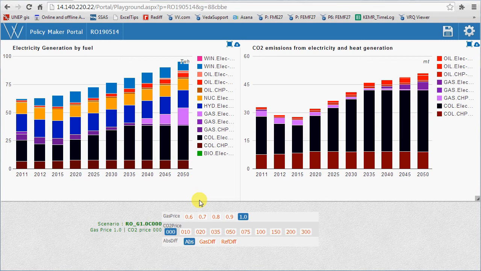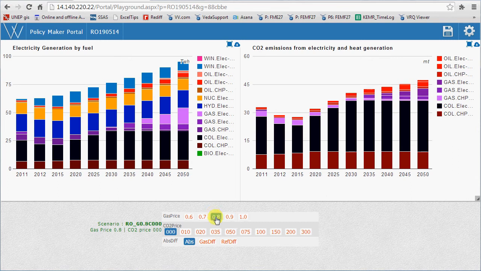So now, let's say we want to see what happens if the gas price reduces to 90% of the current prices. So you have to click this button here, and you see, as you would expect, there is a little more gas, but only towards the end. Nothing much changes, actually nothing changes before 2035.